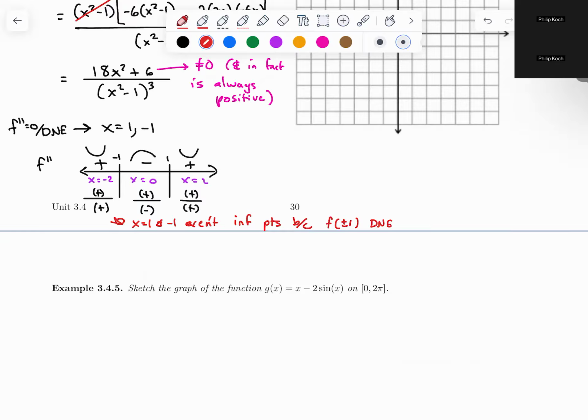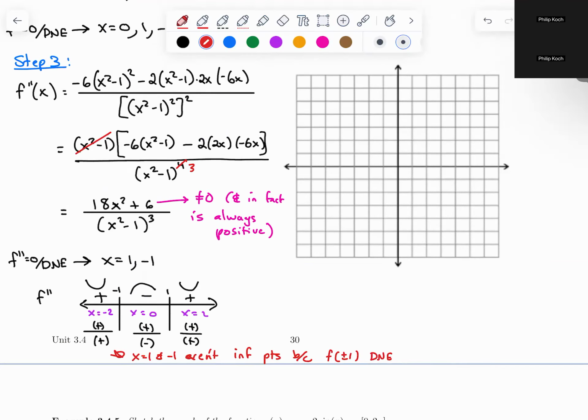Okay. We have done a lot. We have done a lot here. Now we have everything. Now we can finally draw the actual equation in its full glory. So I'm going to make every 2 tick marks equal to 1 tick mark.